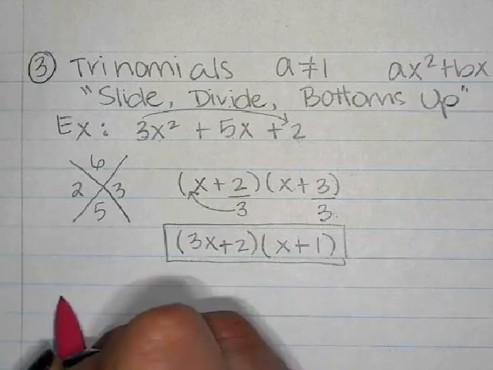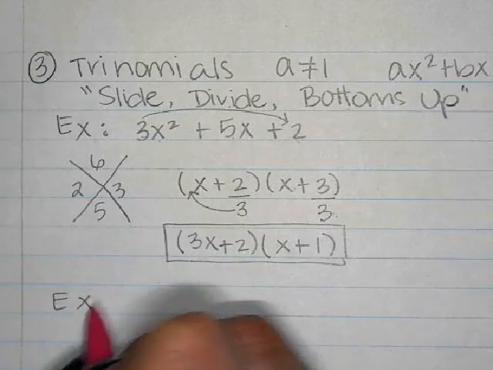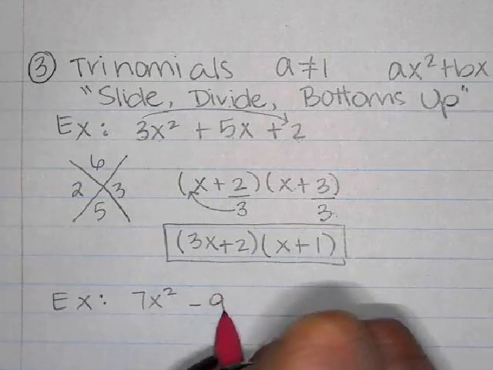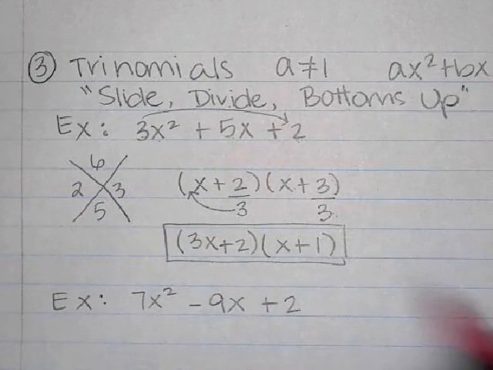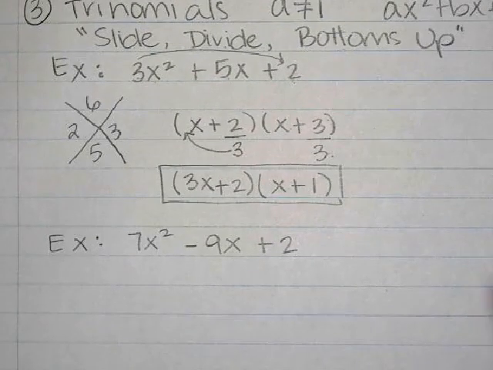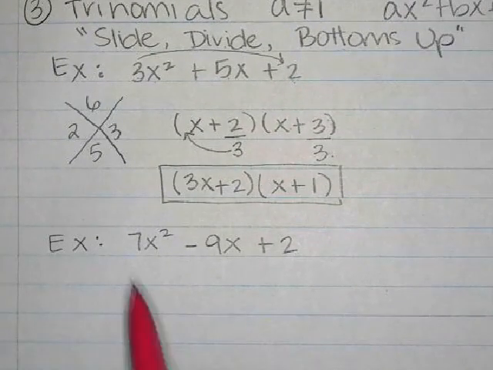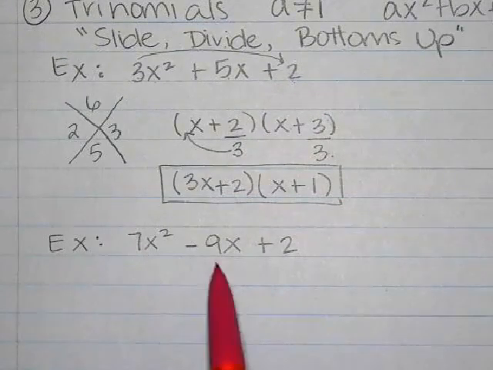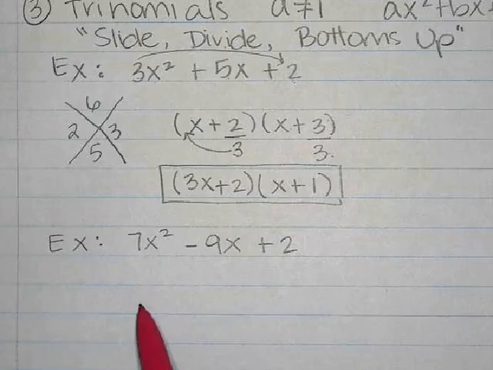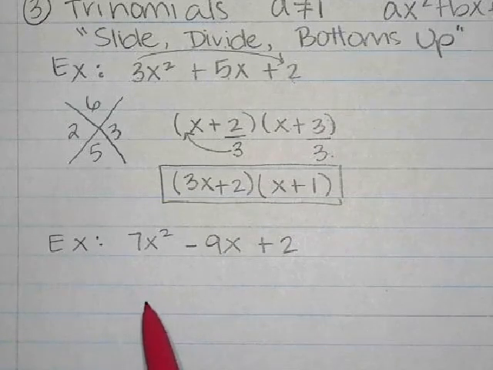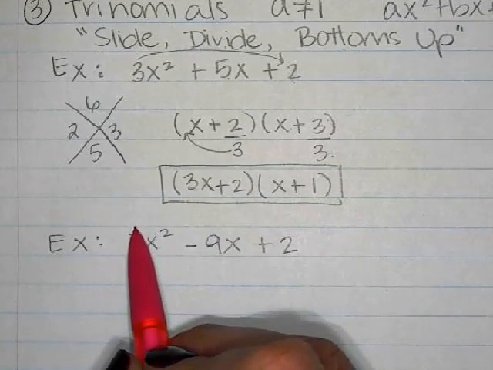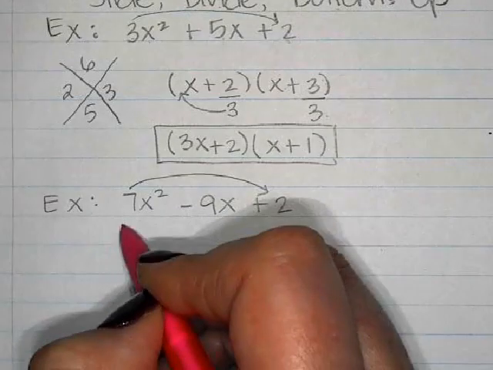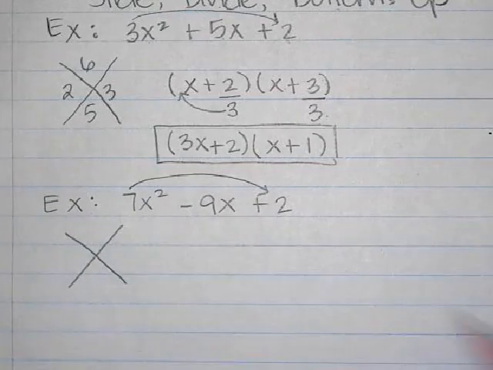Let's do this one: 7x squared minus 9x plus 2. So I look in the front, I can see that there's a 7. 7 is not a GCF. I can't divide it out from the other numbers. So the very first thing I do is I take the 7 and I slide it over to the 2. 7 times 2 is 14.